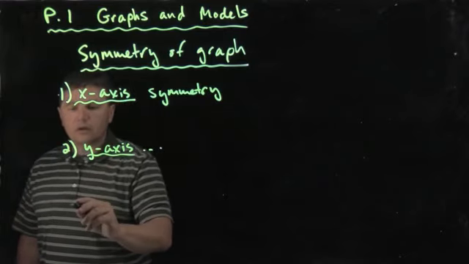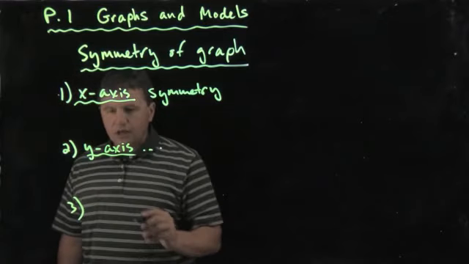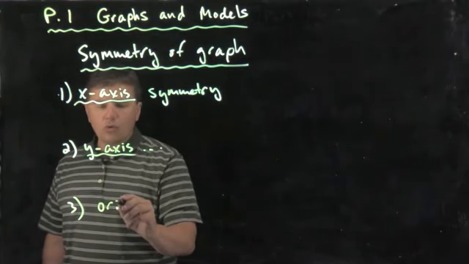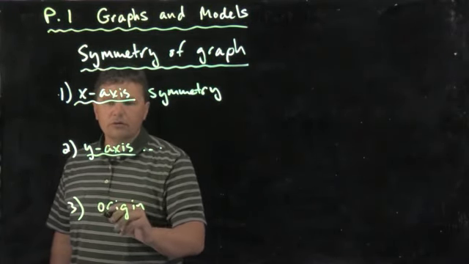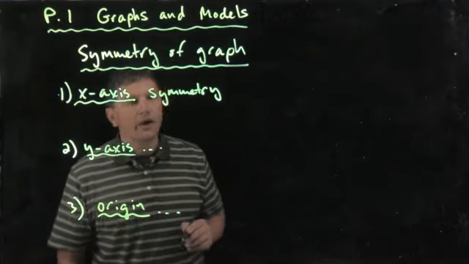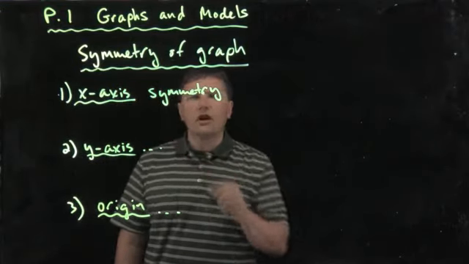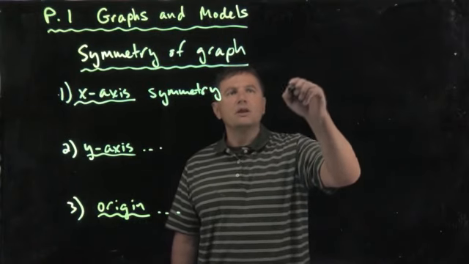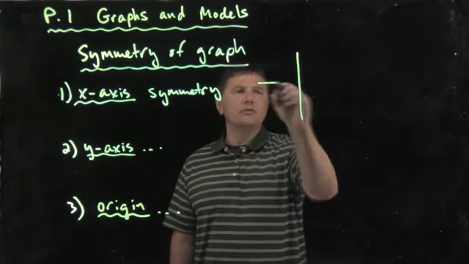And 3, and this is the one that will confuse some folks, symmetry to the origin. Okay. So I'll give you 3 examples of these graphically, and then we'll talk about what that means exactly. So let's talk about x-axis symmetry.